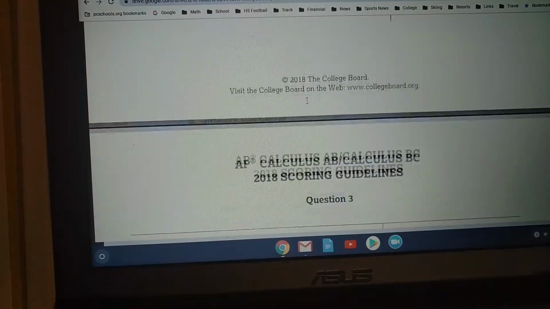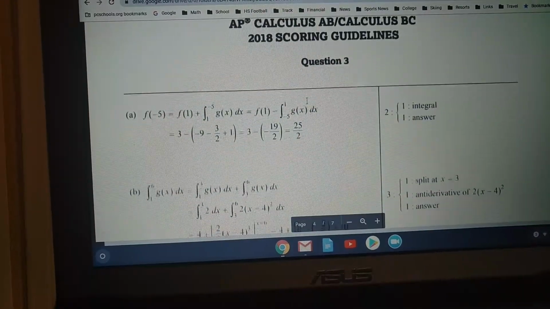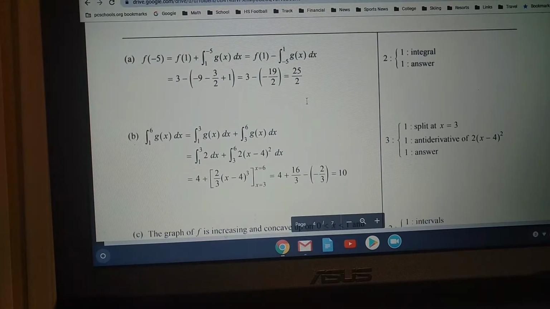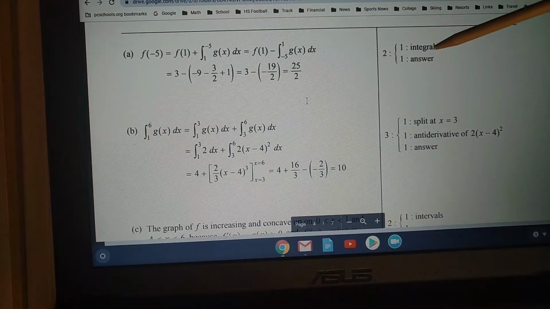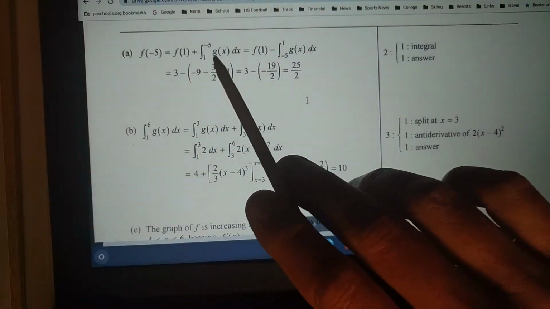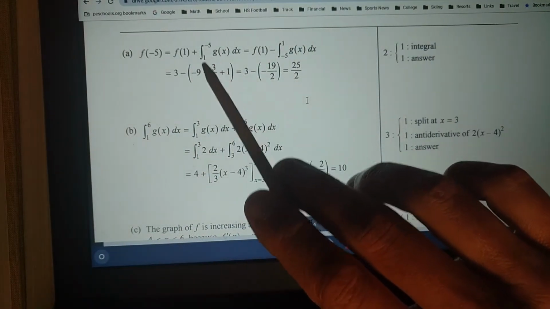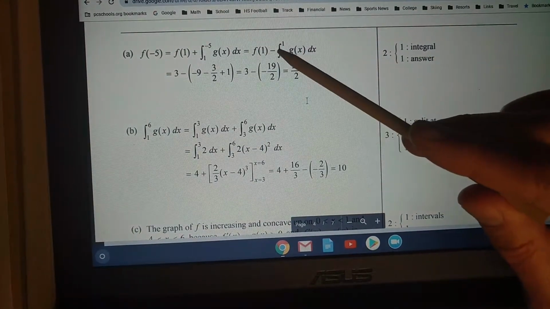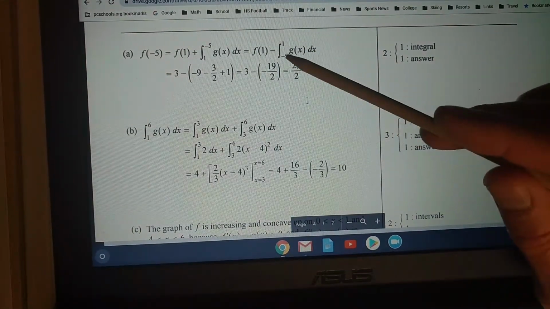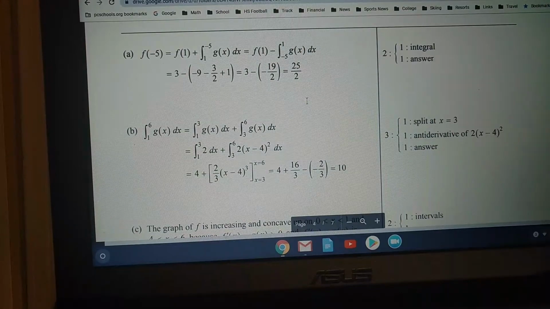All right, moving on to question number 3. The way you should score this, you get 1 point for your integral. That is knowing that you need to integrate from 1 to negative 5 of g of x dx. Or you could express it like this, make it a negative, and go from negative 5 to 1 of g of x dx.